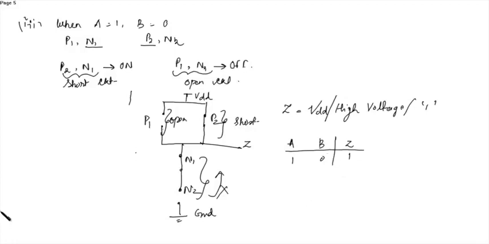Now the last condition, when both the inputs will be 1, when A is equal to 1 and B is equal to 1. Again here it is P1, N1, P2 and N2 for B. So when both are 1, both P1 and P2 will be off, N1 and N2 will be on.